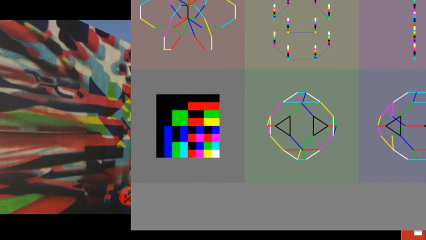I noticed it here in the sequence of natural numbers. 1, 2, 3, 4, 5, 6, 7, 8. And white, cyan, magenta, blue, black, red, green and yellow.